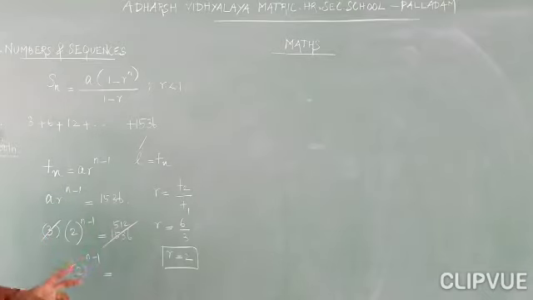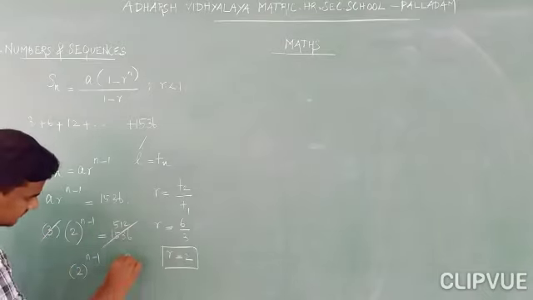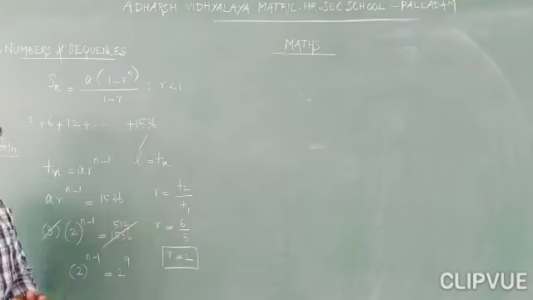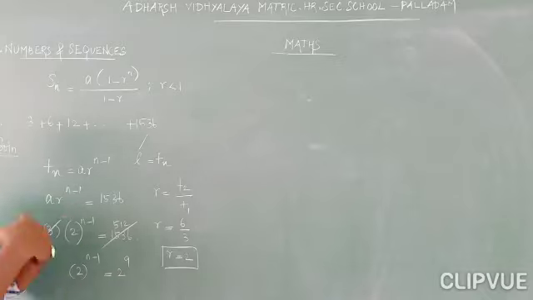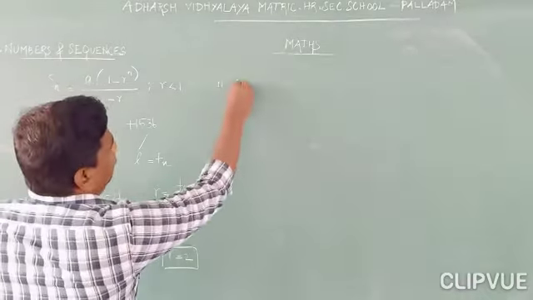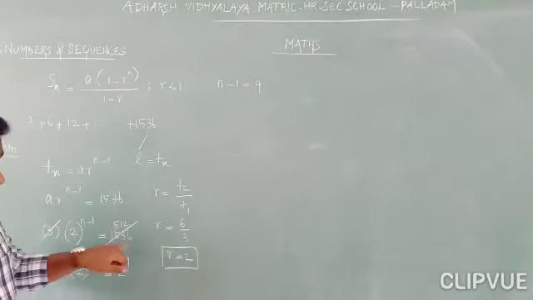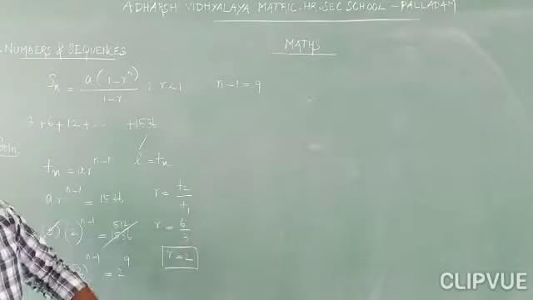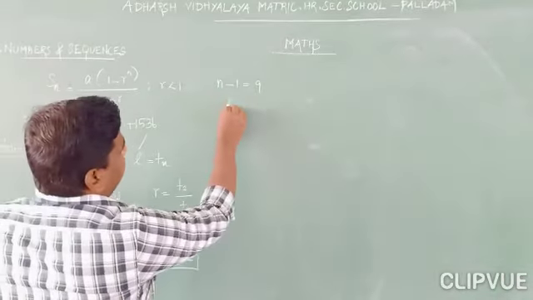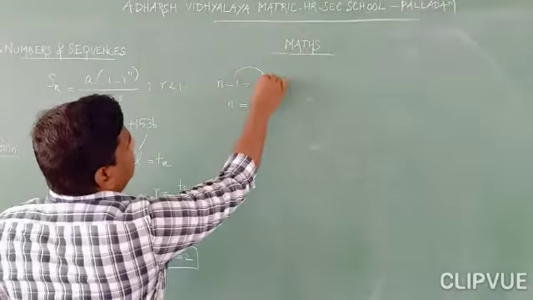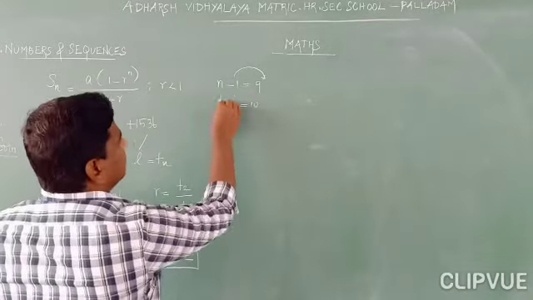You already know that 2 power 9 is equal to 512. If bases are same, we can equate their powers. So n minus 1 is equal to 9. That law I have applied here. So n minus 1 is equal to 9 means n is equal to 10.